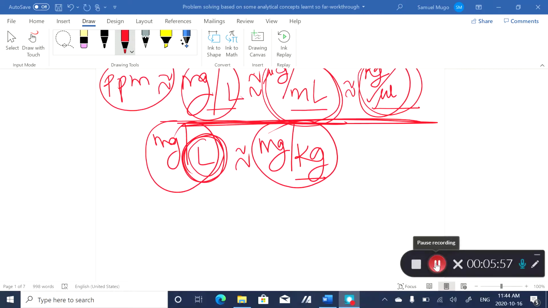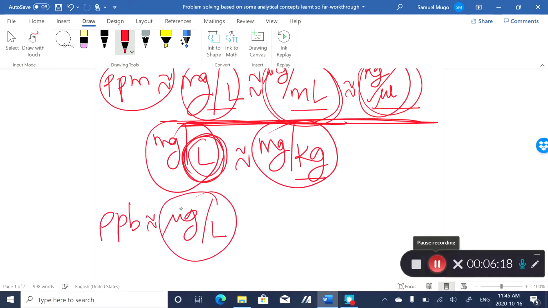On the other hand, when you're talking about parts per billion, it's referring to what you would call microgram per liter, so that would be parts per billion.